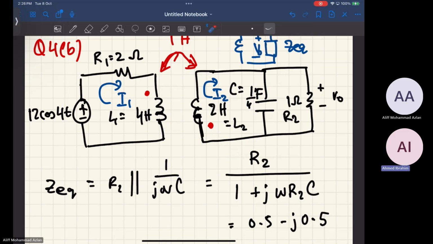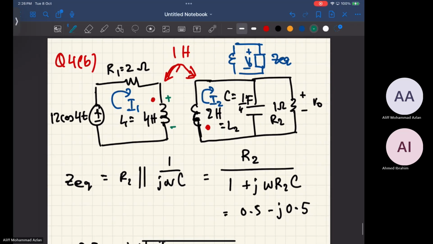So in this case, I have the current entering the dot based on my label. That's going to give a polarity which is positive at the dot of the inductor in the mesh. And we have the current in the mesh is also entering the dot. So there's no conflict in terms of polarity between the current and the induced polarity from the other inductor.